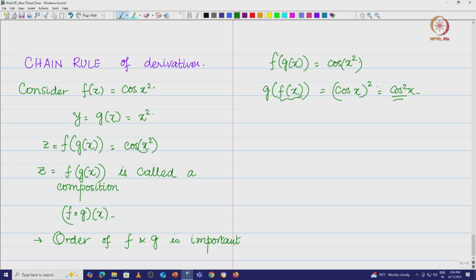So, these two are different. We see that the order of the functions does matter, and you do not need to have f of g equal to g of f. Now, suppose I want to look at the derivative of a composition. Let me look at the derivative of a composition.